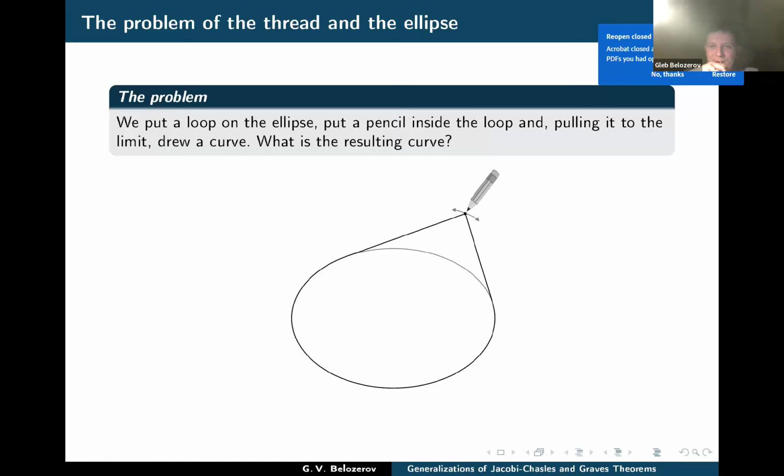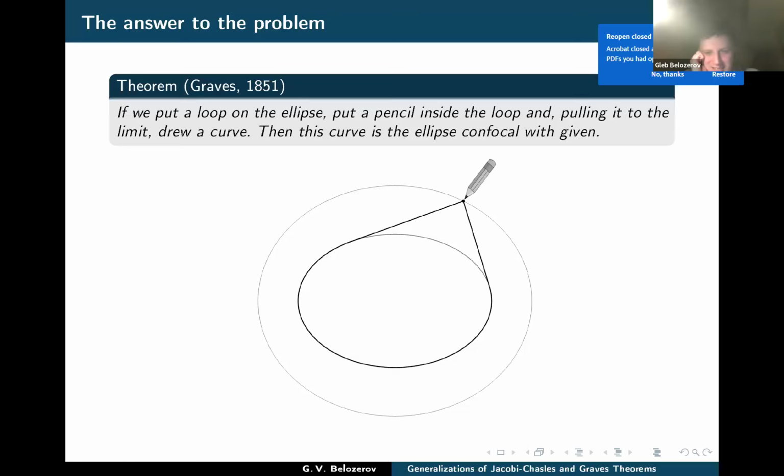Okay, I can say the answer. We obtain the ellipse with the same foci. So if we put a loop on the ellipse, put a pencil inside the loop and pulling it to the limit, draw a curve, then this curve is an ellipse confocal with the given one.